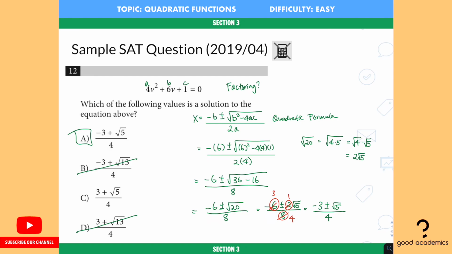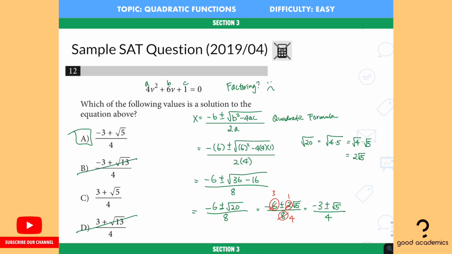Make sure you take a quick skim of the choices. Sometimes they give you a very good hint about what direction you're heading, so that you don't waste time thinking about how we are going to factor. It seems very difficult to factor, and it's not really factorable in this case.